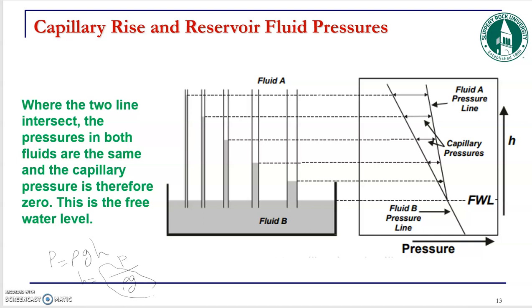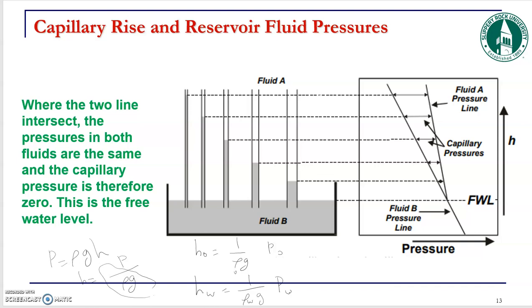So for the case of the oil, this is going to be 1 over rho-oil g, multiplied by the pressure of oil. In the case of the water, it's going to be 1 over rho-w g, multiplied by the pressure of water. We know that the density of the water is higher than the density of the oil.